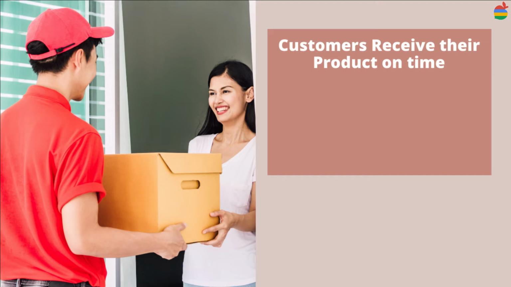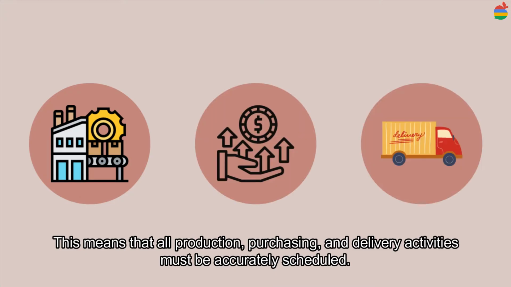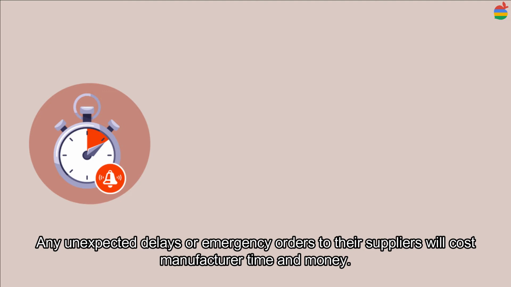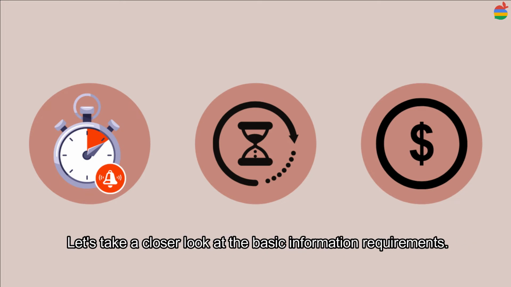It is also critically important that customers receive their products on time. This means that all production, purchasing, and delivery activities must be accurately scheduled. Any unexpected delay or emergency orders for supplies will cost manufacturers time and money. Let's take a closer look at the basic information requirements.